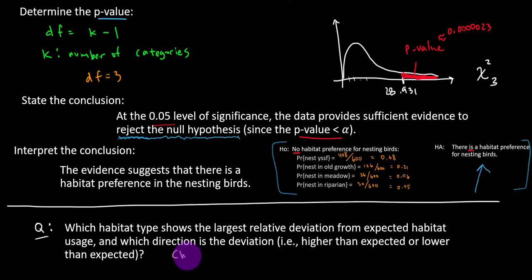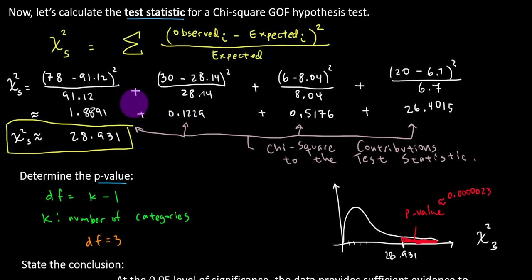So we're going to go check those out. Looking at the test statistic here, these 4 terms are each considered chi-square contributions because you added them up and that got you the test statistic.